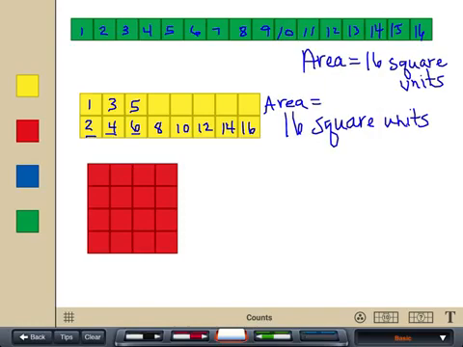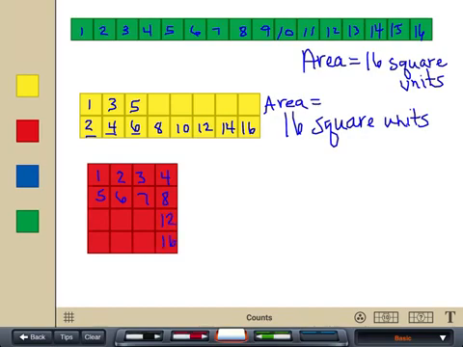Well, let's count and see. We have 1, 2, 3, 4. How many are going to be in the next row? 5, 6, 7, 8. Well, we know we're just increasing it by how much? 4s. So we could say 4, 8, and what's 4 more? 12, and then 4 more is 16.